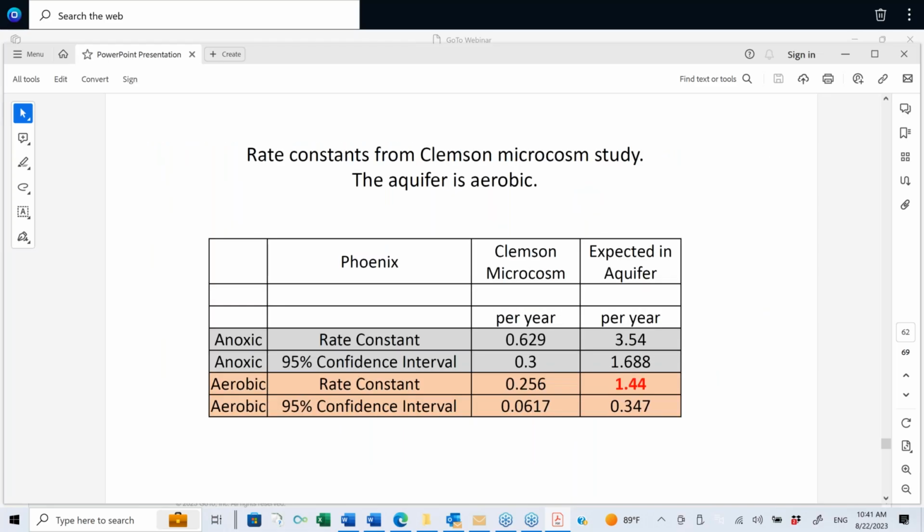And at this particular site, the anoxic rate constants were actually faster than the aerobic rate constants. Now this site has never really been anoxic. So I'm going to use the aerobic rate constant because the aerobic conditions are more representative of the conditions in the aquifer. Again, that's the slower of the 2 rate constants produced by the assay.